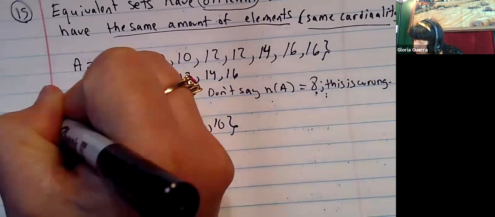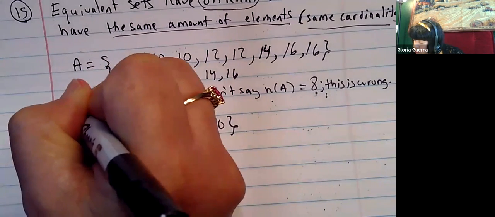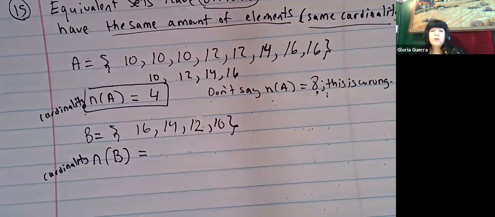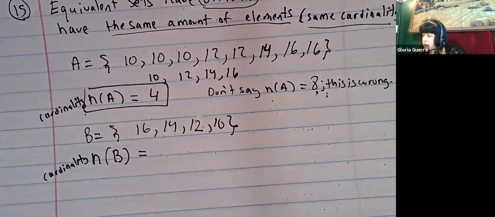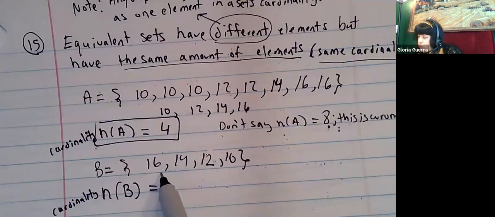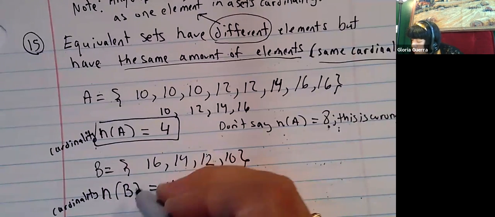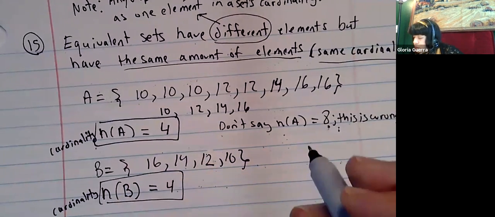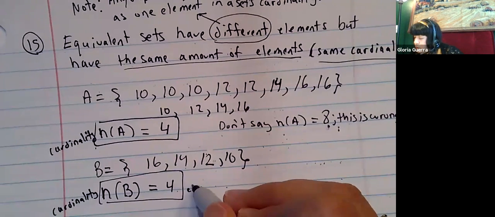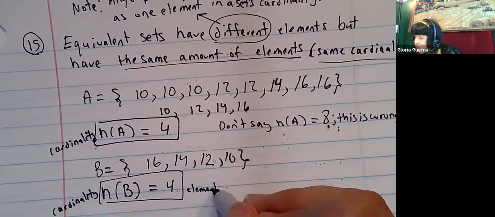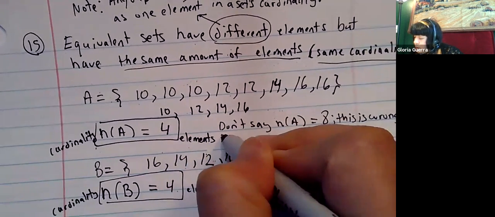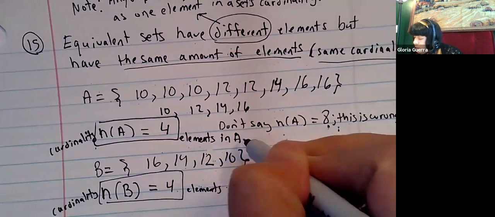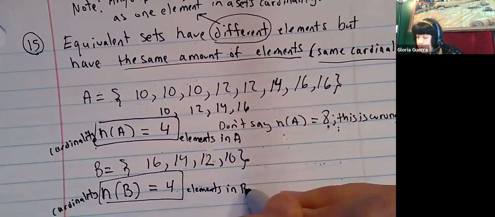This is cardinality. Okay, that's the amount of elements in your set. So B has 1, 2, 3, 4 also. B has four elements. Just like this one had 4 elements. 4 elements in set A, 4 elements in set B.